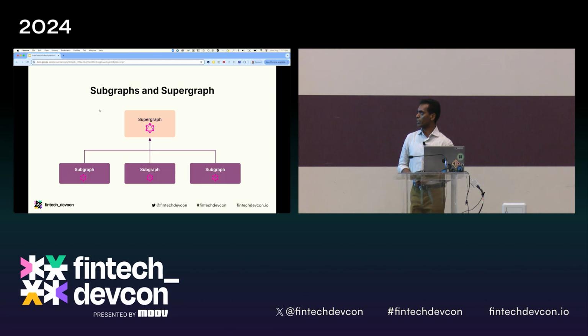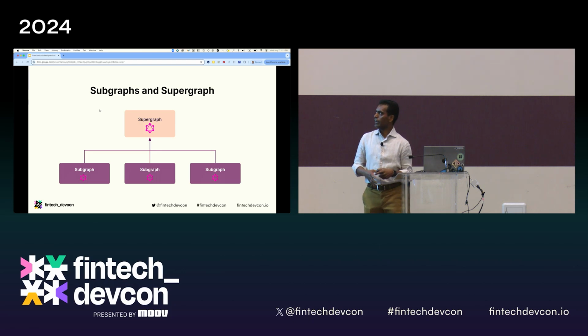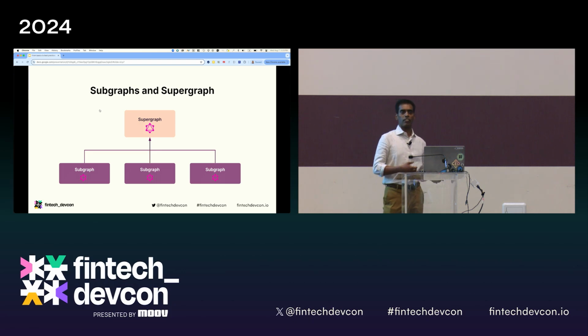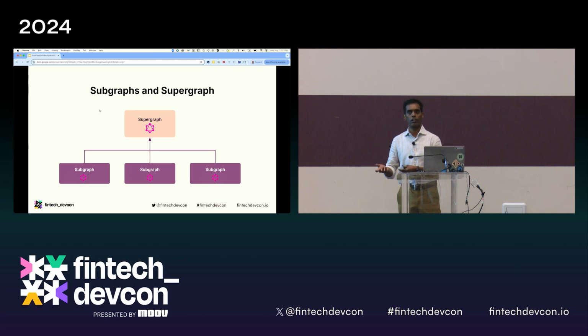And joining multiple of these subgraphs into a single graph is referred to as a supergraph. Creating a supergraph out of many subgraphs can be accomplished via federation or schema stitching. We won't go into the details of federation or schema stitching, but we can talk afterward if you want more details on that.